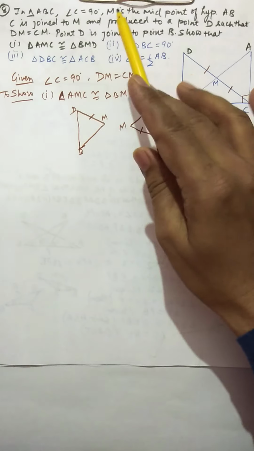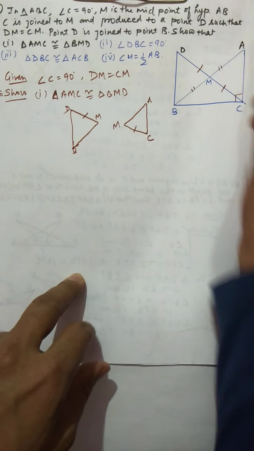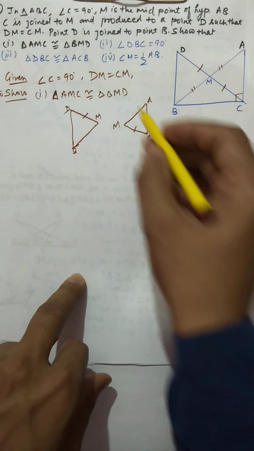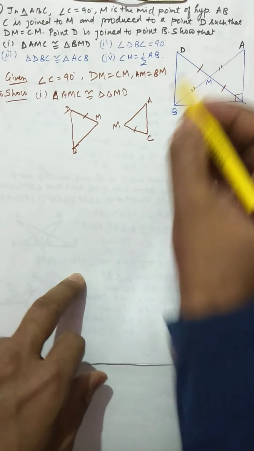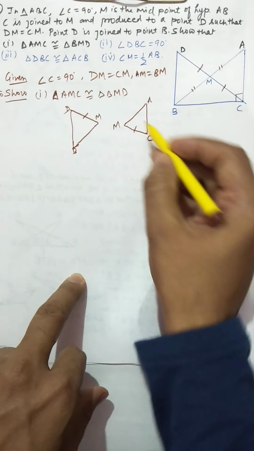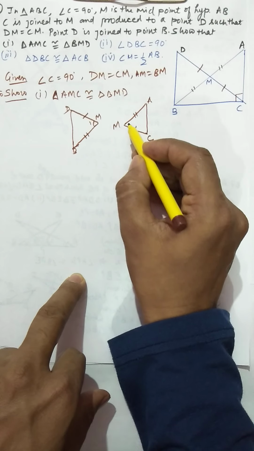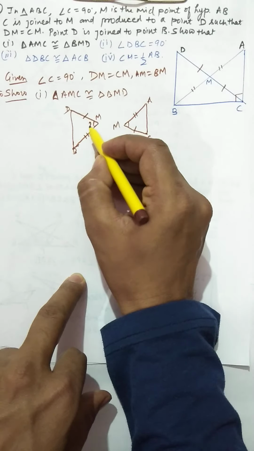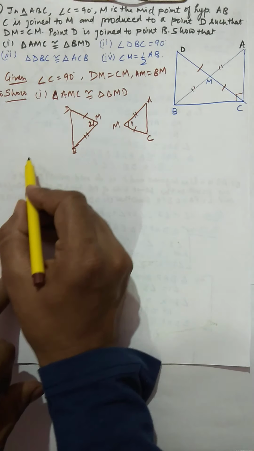It is given to us that M is the midpoint of the hypotenuse. So the hypotenuse is your AC, and M is the midpoint of AC, so we can say this is equal to this. I am writing it in the given also, that AM is equal to BM. Let's say this is angle 1 and this is angle 2. Now we can show that these two triangles are congruent with this criterion.